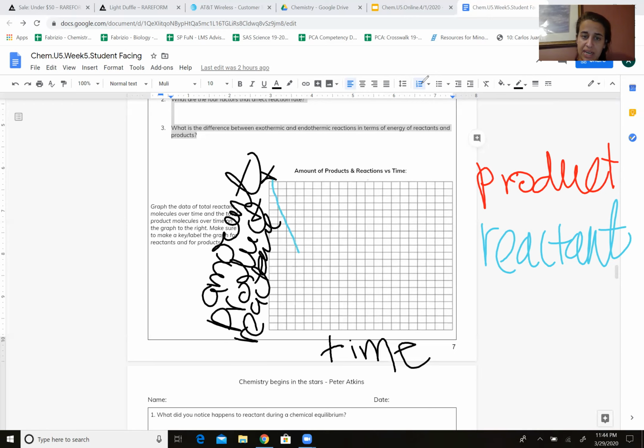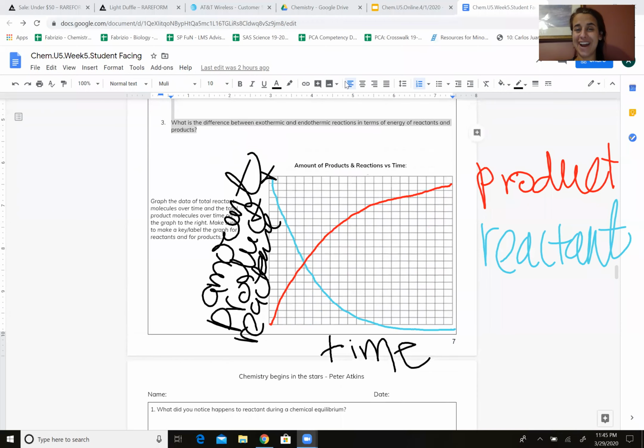So reactant, we're going to start off with a lot of, and then decrease, because we're using it up in order to make the product, whereas the product is the opposite. So at the beginning of the reaction, which is going to be our origin over here, when time is 0, we're going to be bringing up the product to form more product as we use up the reactants, until the amount of products overtakes the amount of reactants.